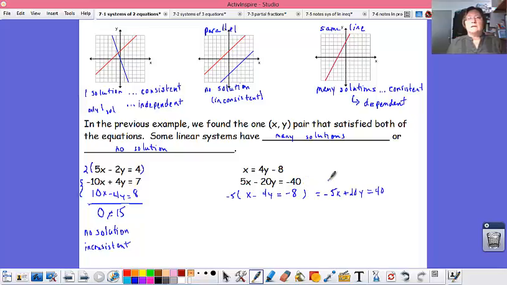And when you combine that with what we had above, 5x minus 20y equals negative 40, you can see right off the bat you're going to have 0 equaling 0. That is a true fact. Okay? So when you come up with something that is true, then that means that you have many solutions, or you have a dependent system.